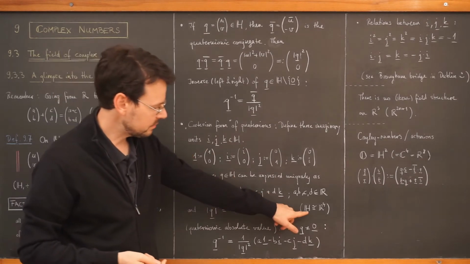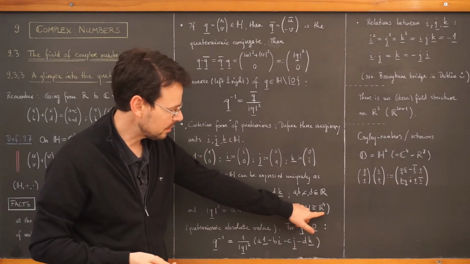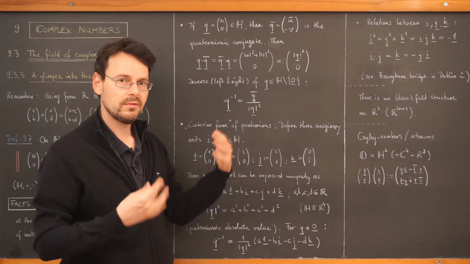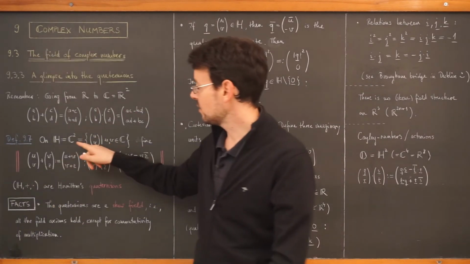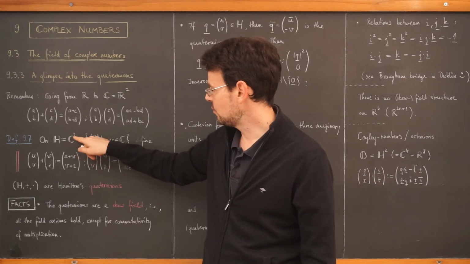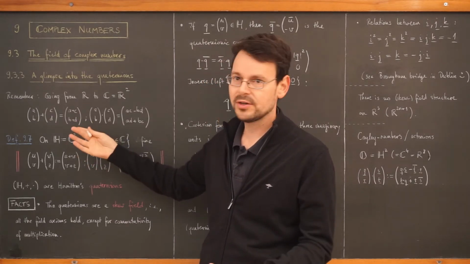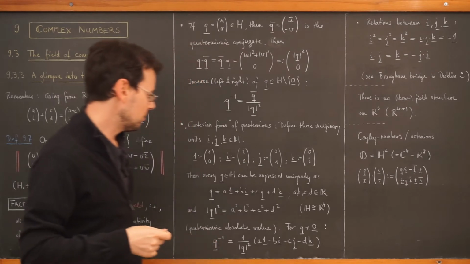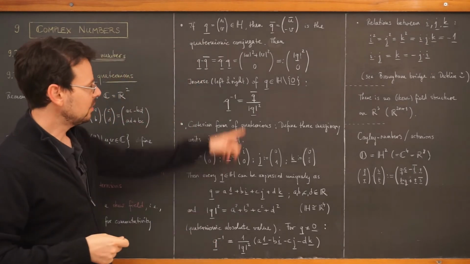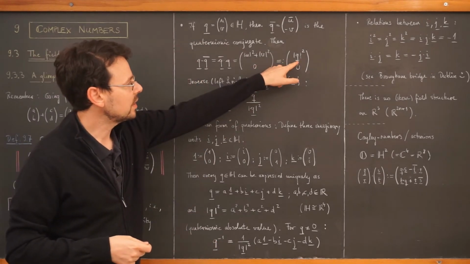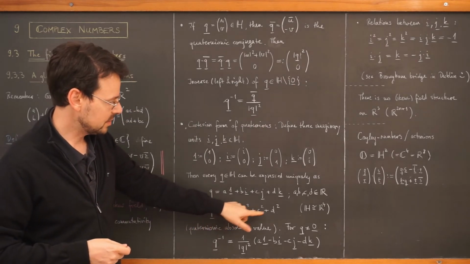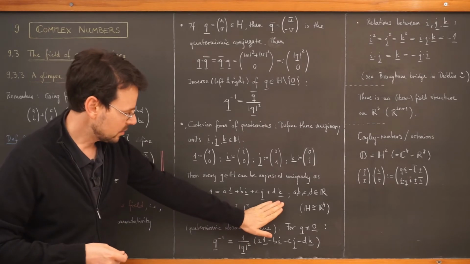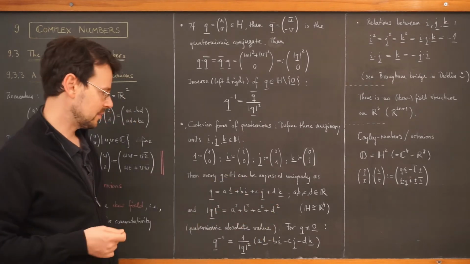And this means as vector spaces, the quaternions are nothing but R to the 4, a 4-dimensional real vector space, which is not surprising because after all it's C squared, which is a 4-dimensional vector space over the real numbers. And here this quaternionic absolute value can be expressed as a squared plus b squared plus c squared plus d squared, generalizing the complex absolute value.